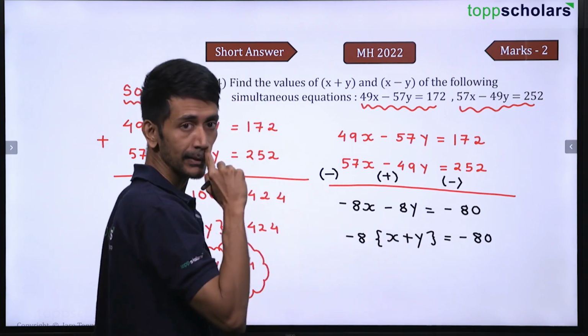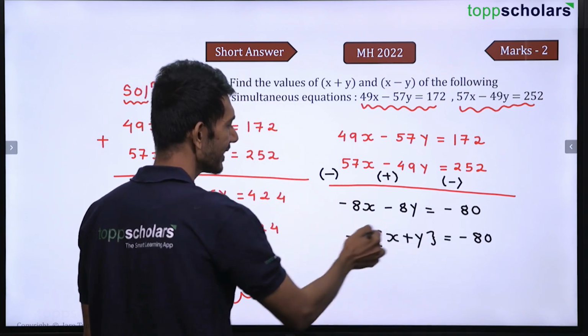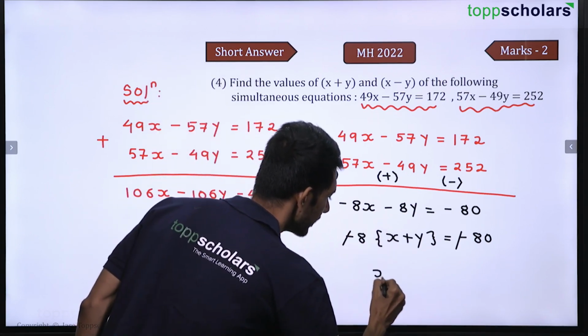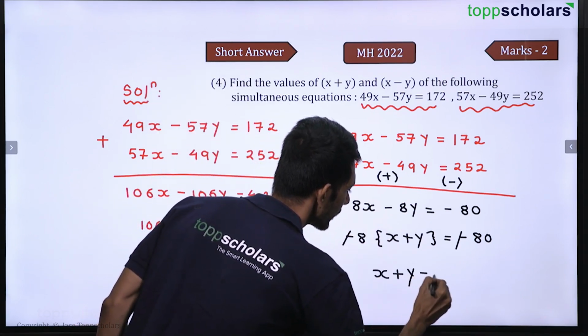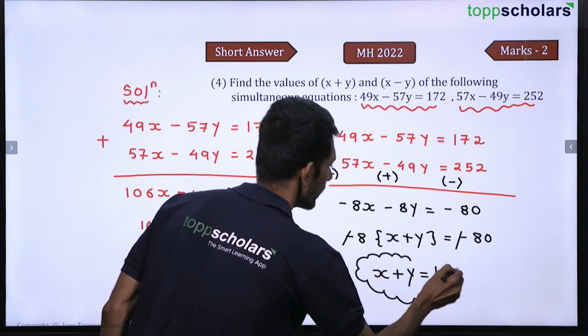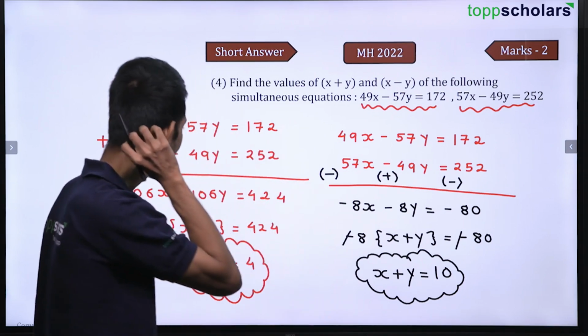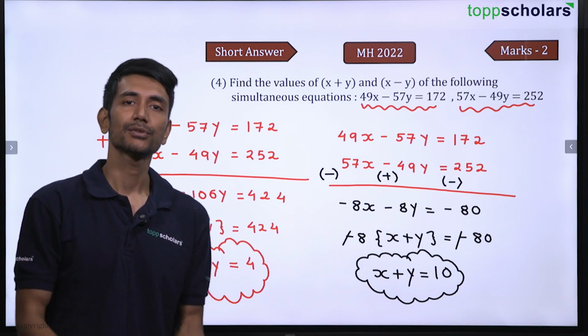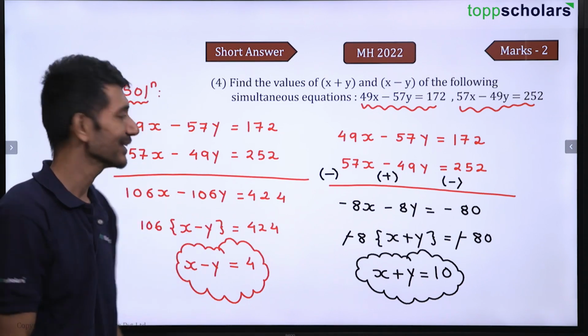I can divide by 8 now. Minus minus is going to get cancelled. 80 divided by 8 is 10. So can I say x plus y is equal to 10? The value of x plus y is 10 and the value of x minus y is nothing but 4. I hope you have understood this question. Very simple, very easy. Let's continue.